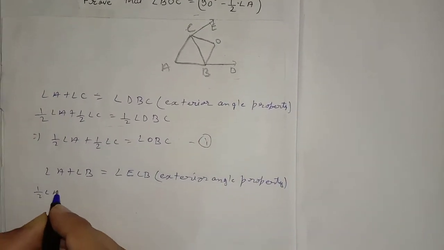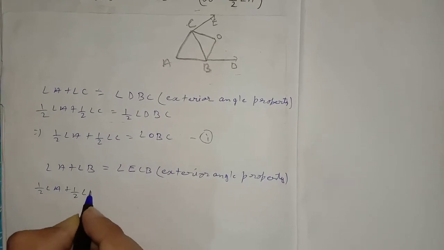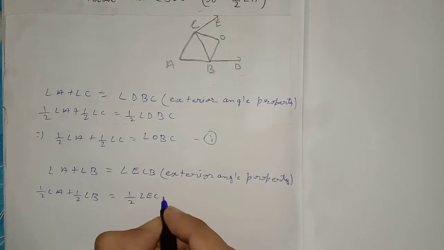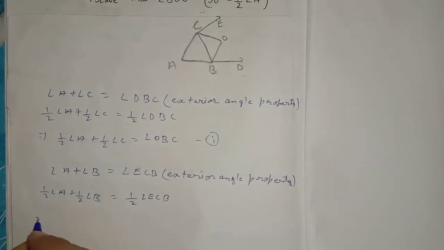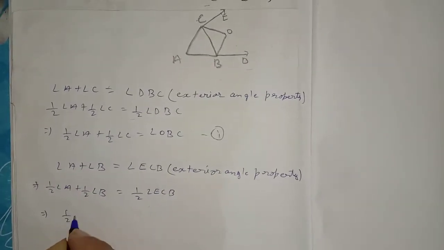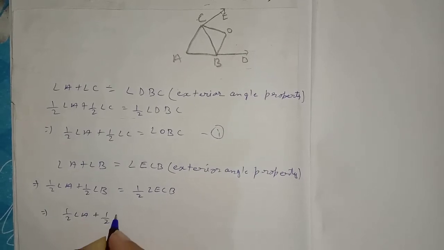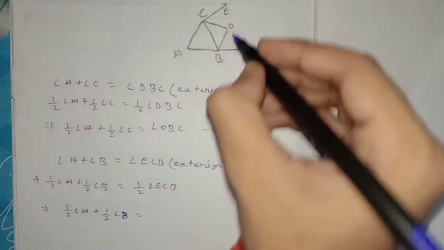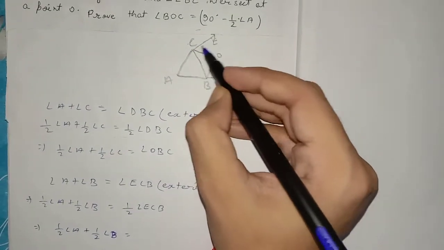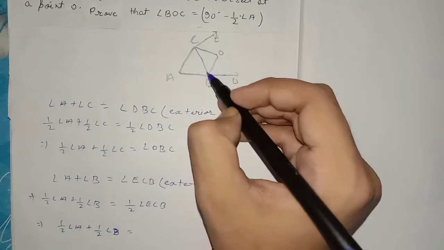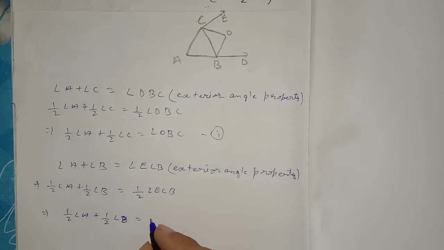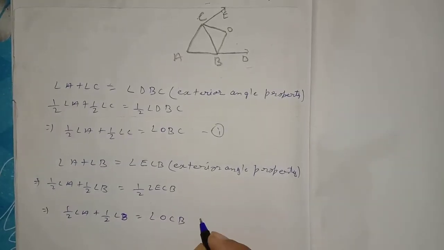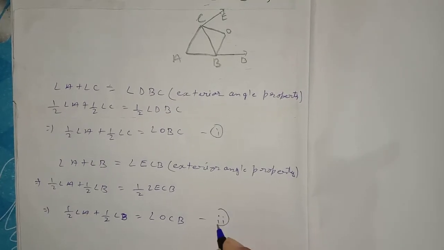So we can write half angle A plus half angle B is equal to half angle ECB. OC is the bisector of angle ECB, so angle OCB is equal to half angle ECB. So angle OCB is half angle A plus half angle B. This is our second equation.